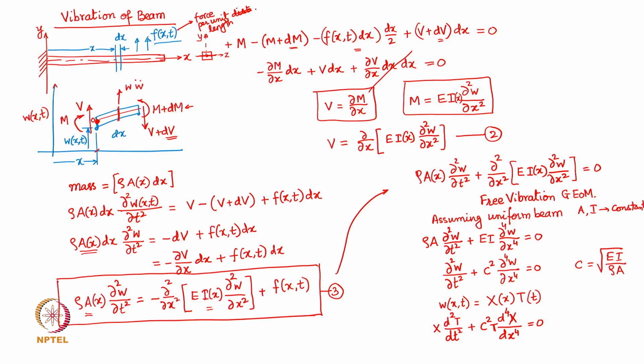I can reform this particular equation, that is capital X d²T/dt² plus c² capital T d⁴X/dx⁴ equal to 0.